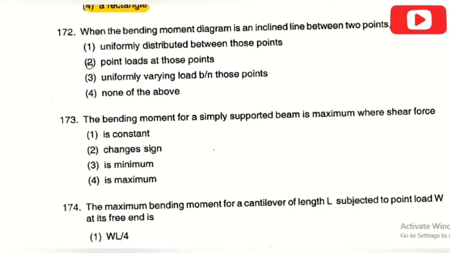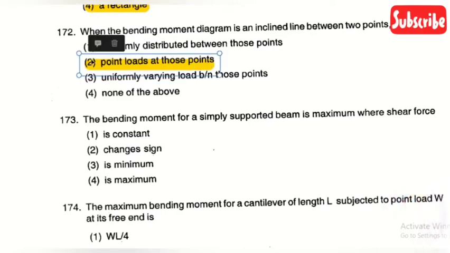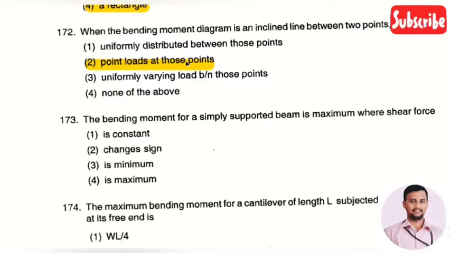So when the bending moment diagram is inclined between the 2 points, it indicates that point loads are present at those particular points. So your answer is option 2, that is point loads at those points.